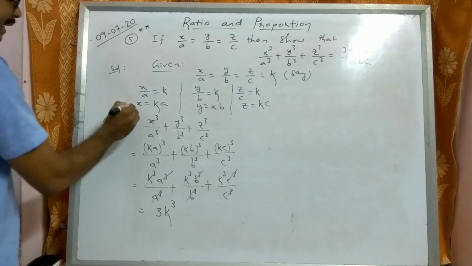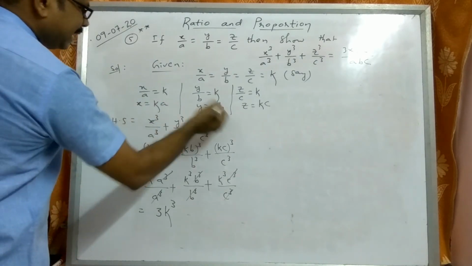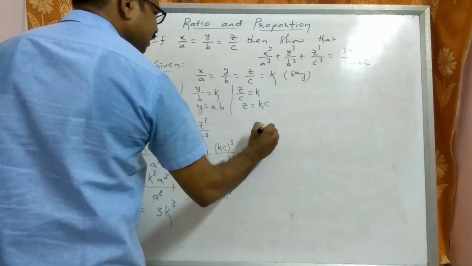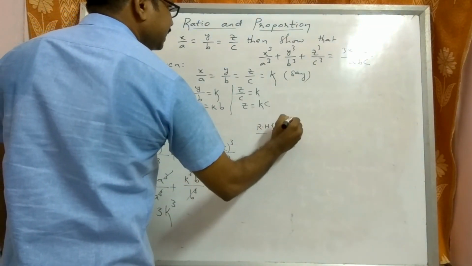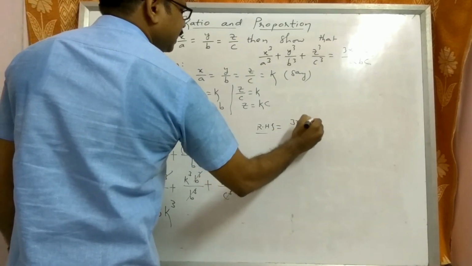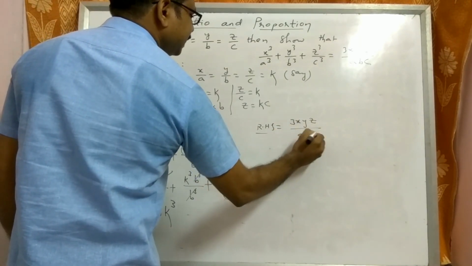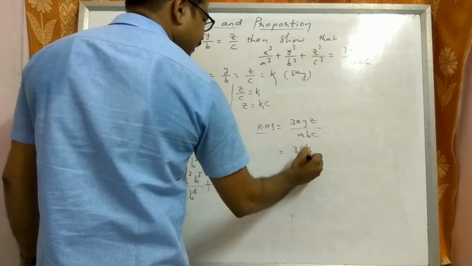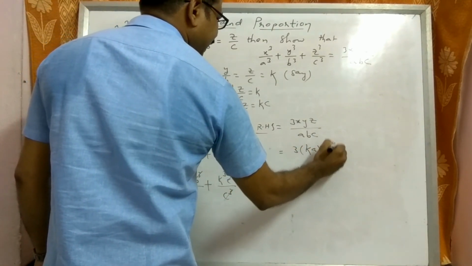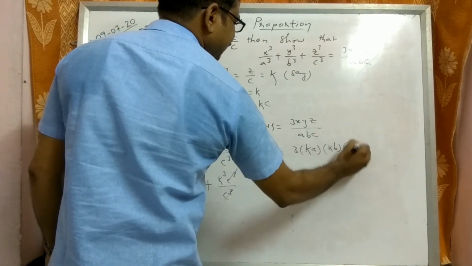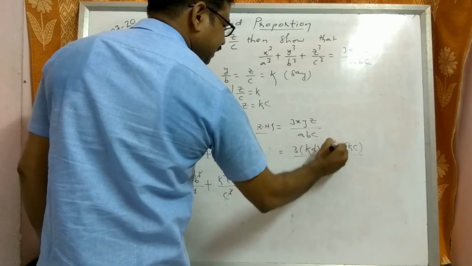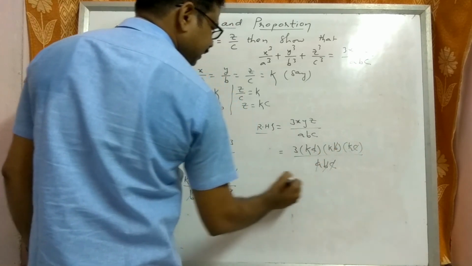So LHS value I got 3k cube, by substituting x value ka, y value kb and z value kc. Let us see RHS also. What is RHS? 3xyz by abc. What is the value of x there? ka, kb and kc upon abc. a a cancels, b b cancels, c c cancels.